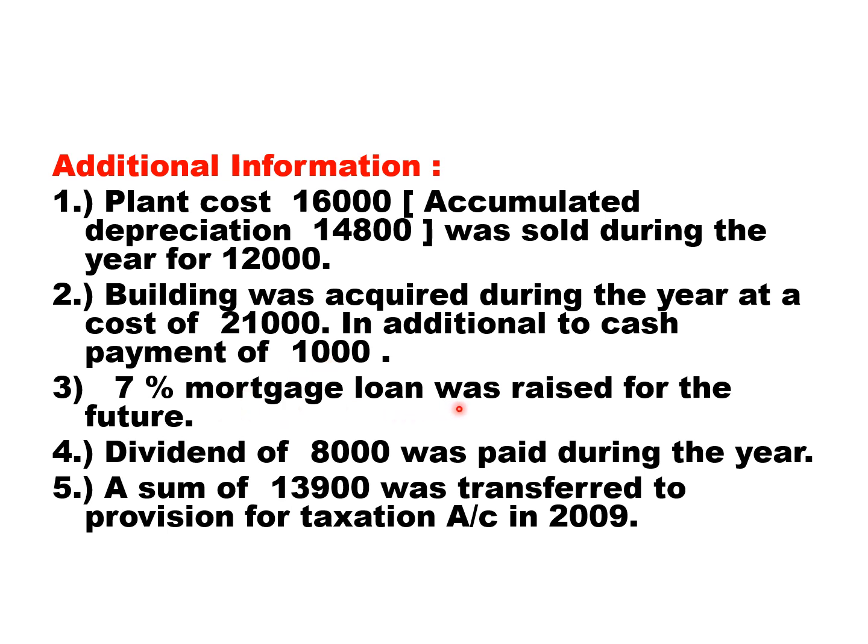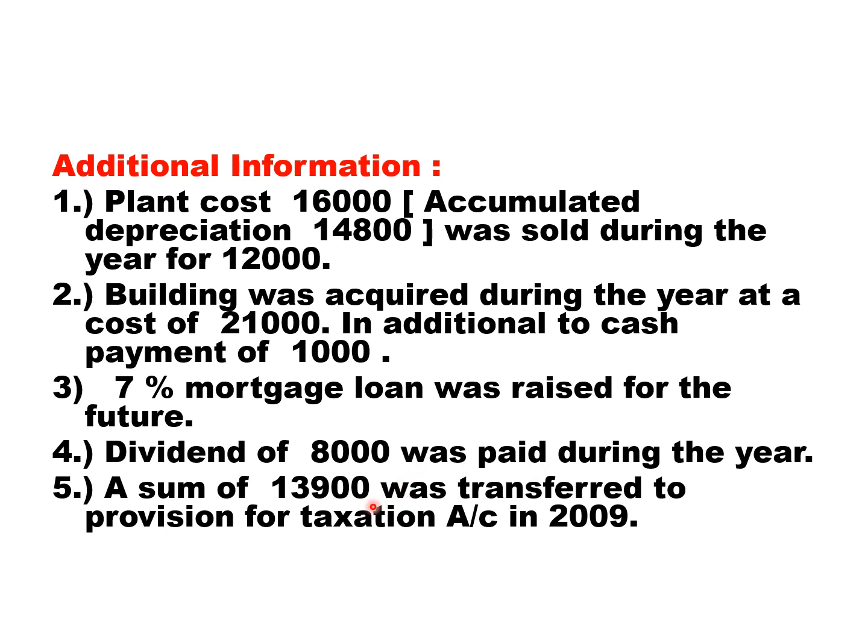7% mortgage loan was raised for future. That means in the balance sheet 20,000 loan has been raised. Last year it's dash, current year it's 20,000, which indicates that loan is borrowed. It will come in financing activity. Dividend of 8,000 was paid during the year. So dividend paid will come in operating activity and financing activity.